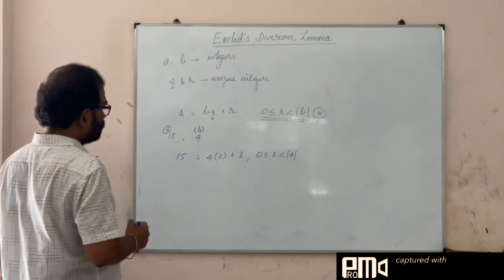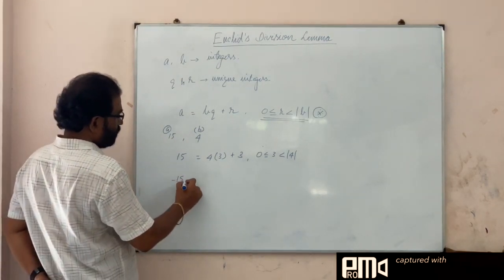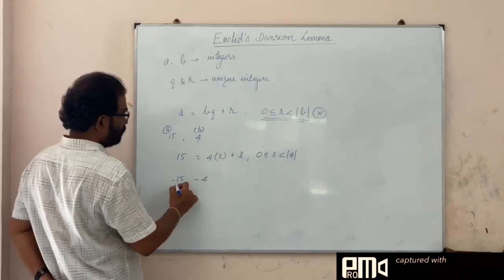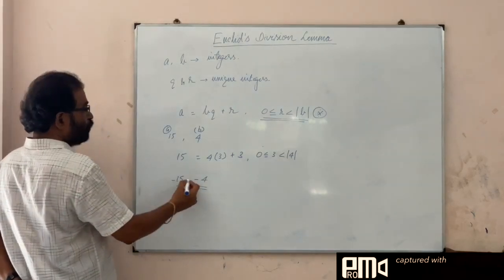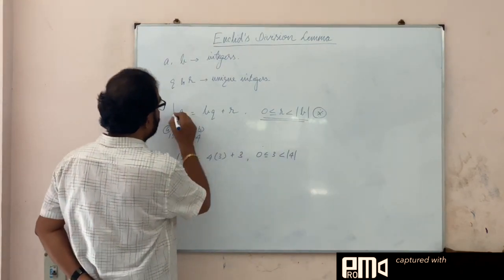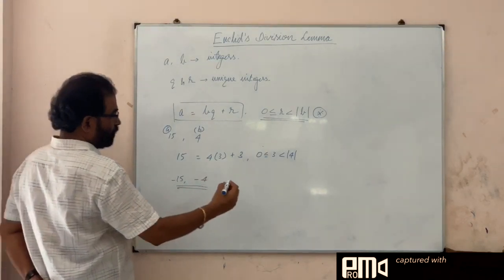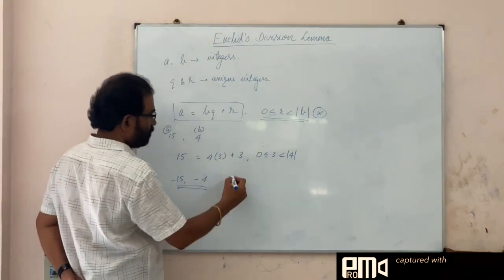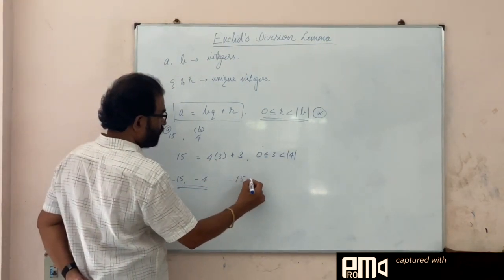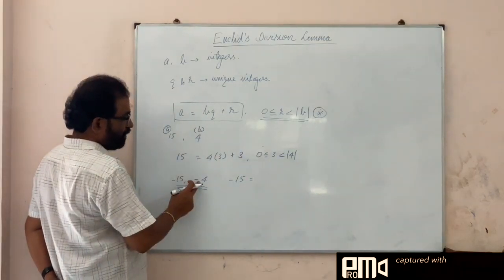Suppose I give minus 15 and minus 4. Can these two integers be expressed in this form, A is equal to BQ plus R? For example, you try minus 15 is equal to B into Q. What is B? B is minus 4.